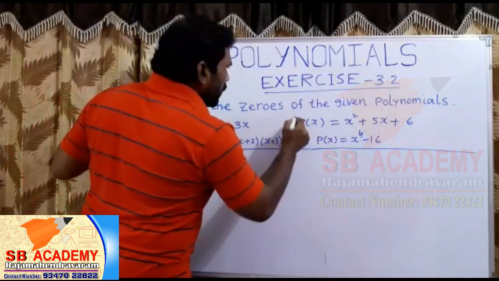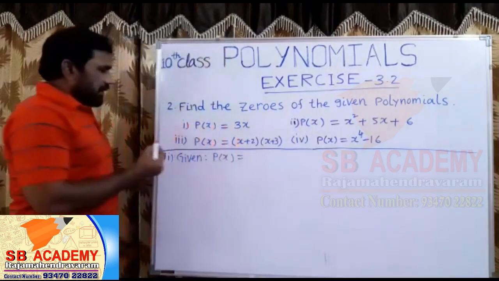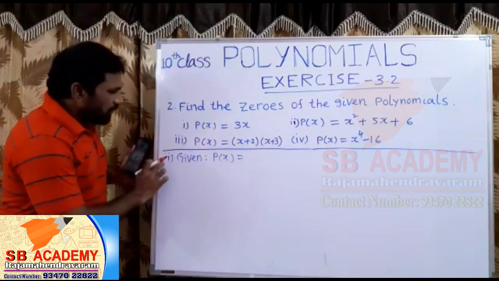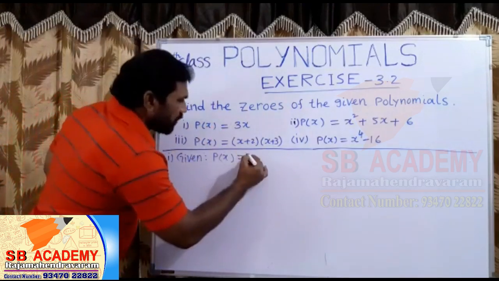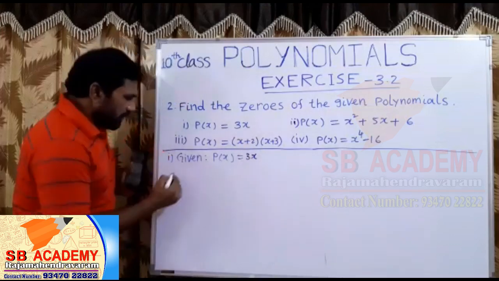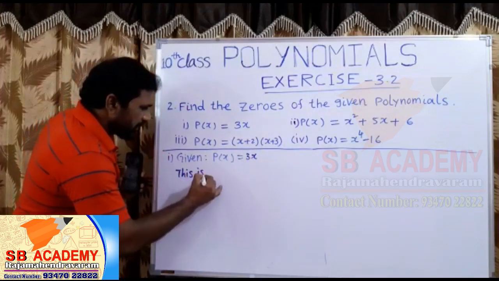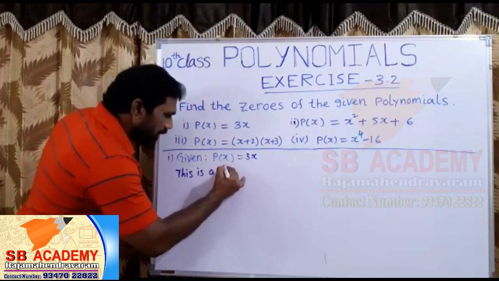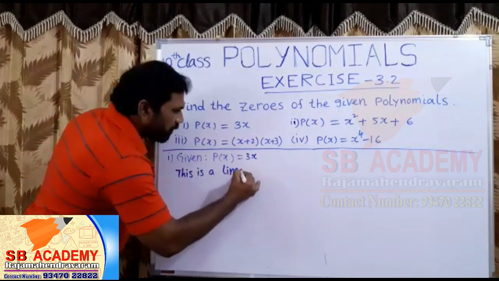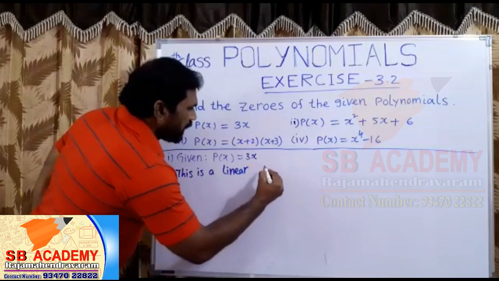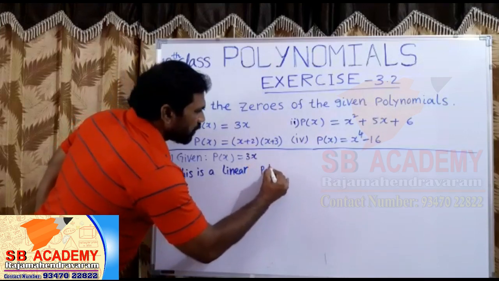Okay. Now I will explain the first problem. Given p of x equal to 3x. So this is a linear polynomial.